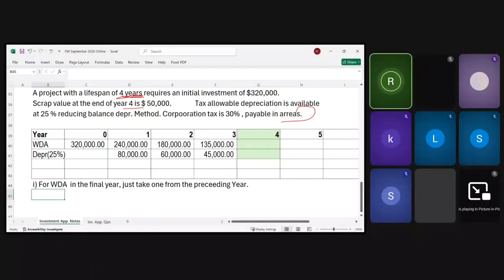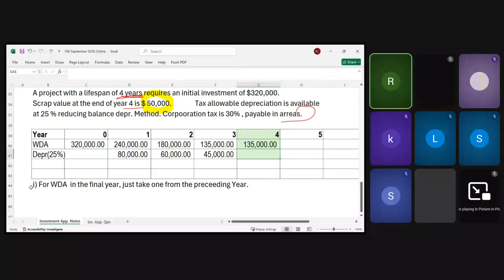Since our project has 4 years, I would anticipate year 3 and 4 to have the same amount. If we had a project with 7 years, year 6 and 7 would carry the same amount. We do this because our machine has a scrap value of 50,000, and this is how we balance off for tax purposes. So I'm going to take 135 into year 4.